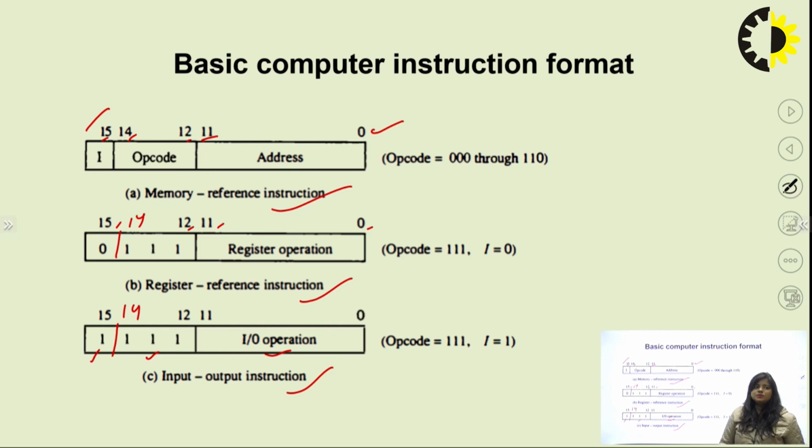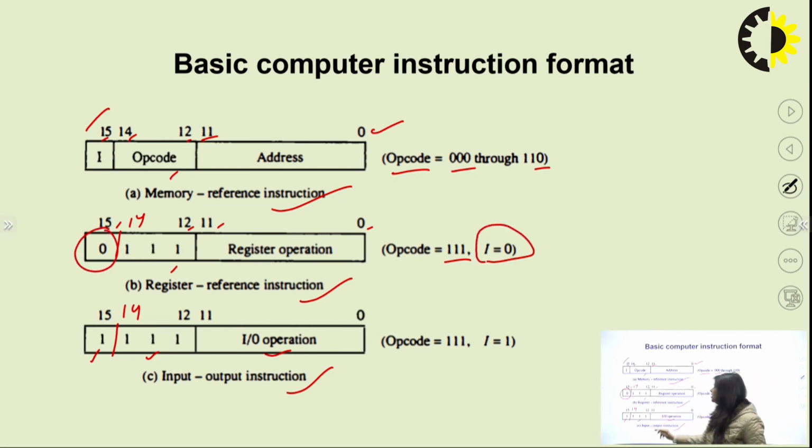What are these bits? We should know the basic and detailed theory about these partitions. In short, the opcode is 3 bits. Bits 12 to 14 mean a combination of 3 basic digits, which can be 000 to 110 in memory reference, while in the opcode field of the register reference instruction we have 111 only, and the last bit is always 0.